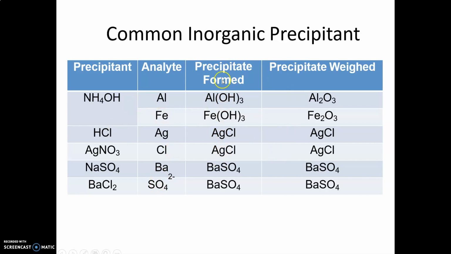So what is the difference between precipitate form and precipitate weight? Precipitate form is when you react precipitants with the analyte, so it forms this kind of compound. Okay, and then you need to dry it, or sometimes it needs to be converted to a precipitate weight form. Such as here for analyte aluminium, you use ammonium hydroxide, you form an aluminium hydroxide precipitate. But its form is not stable, so please remember your precipitate should be stable.